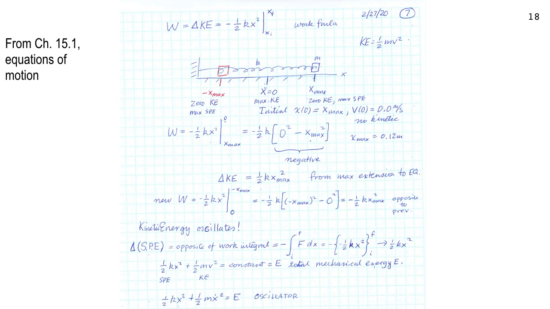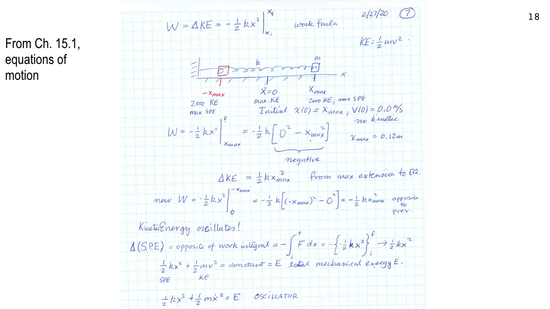So from max extension, which is 0 kinetic, to equilibrium, at equilibrium we have max KE, and for this example, 0 KE at x max.